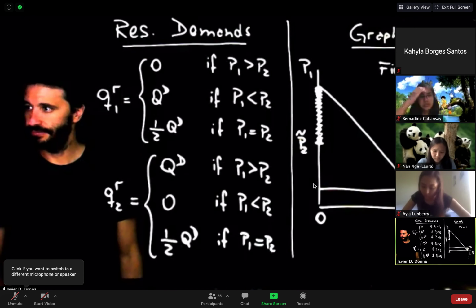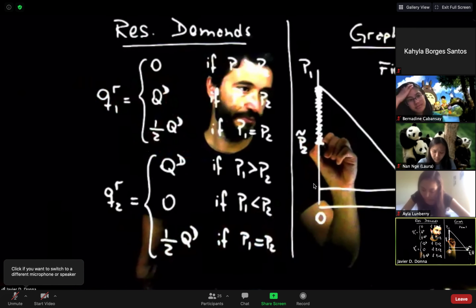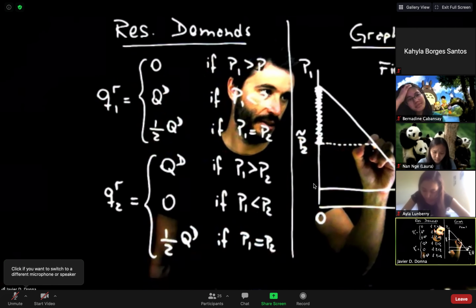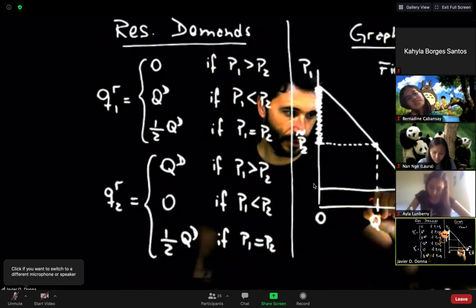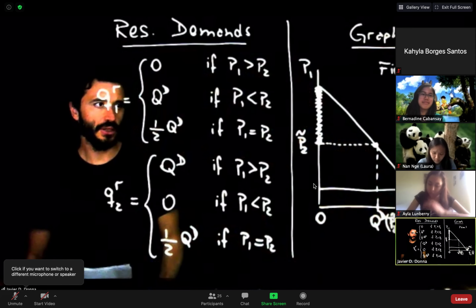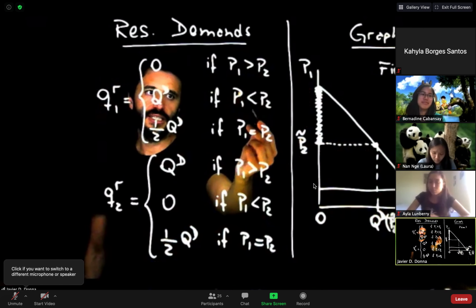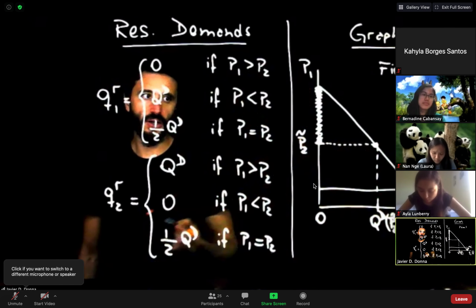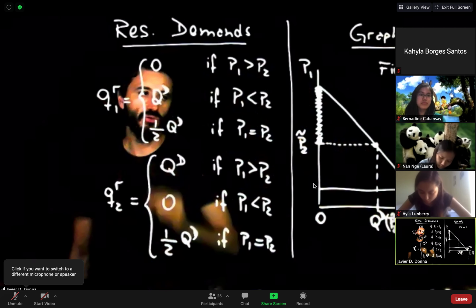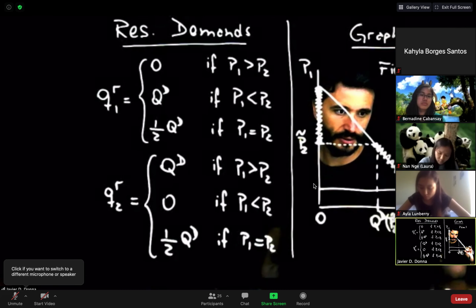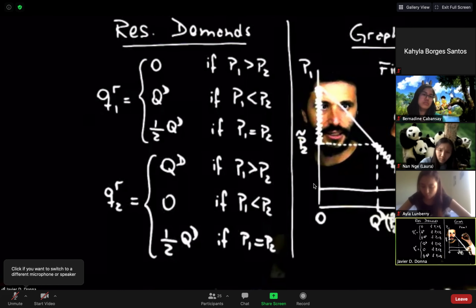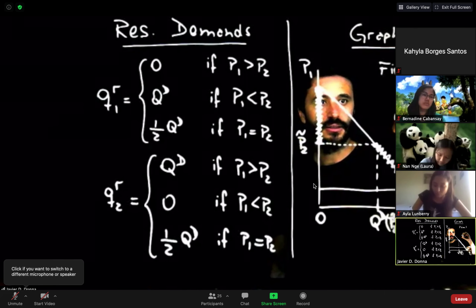Everybody with me? Okay. Now I go to this part. If P1 is below P2 tilde, then the residual demand is going to be the total market demand. So it's going to be this line over here. So here we have our residual demand.